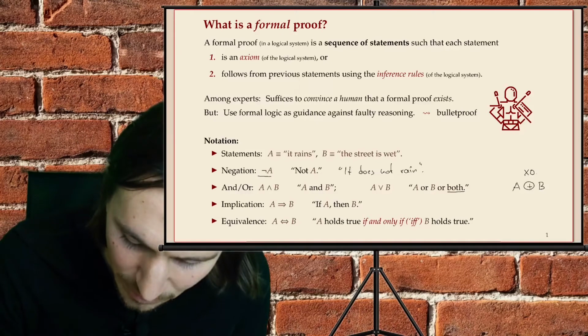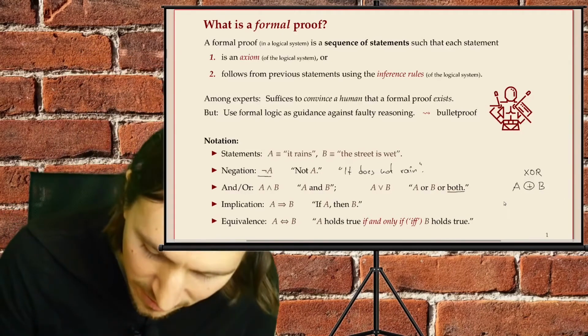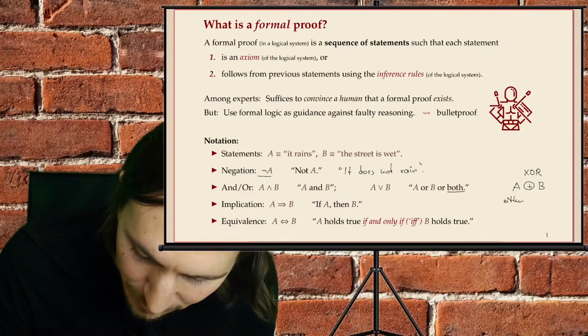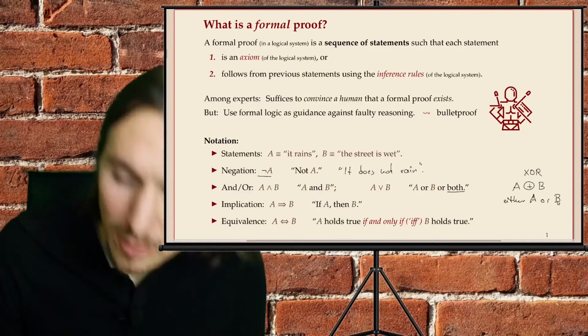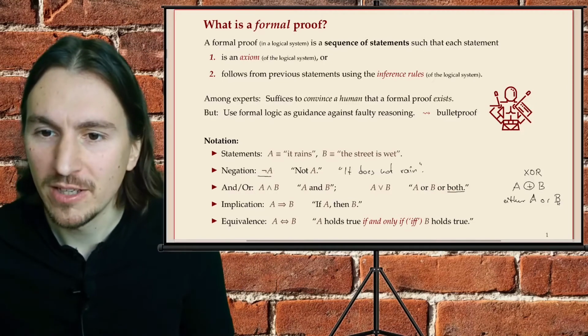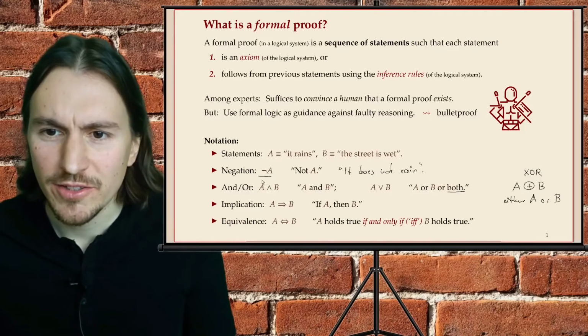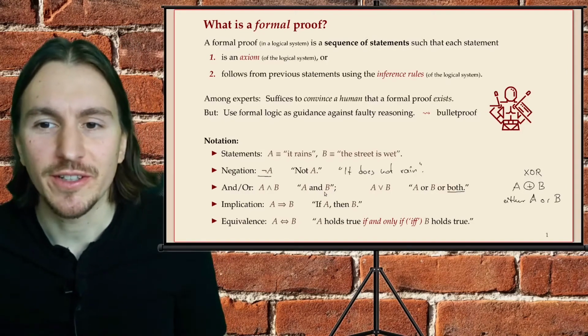And it's called XOR. That's the exclusive OR, which has the meaning of either A or B, but not both. That's what I mean with either or. These are usually the things that are fairly natural and easy to understand.